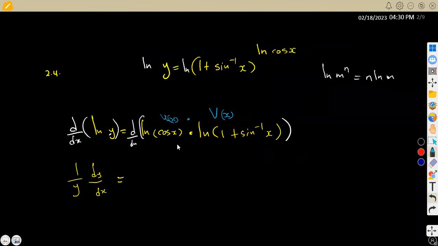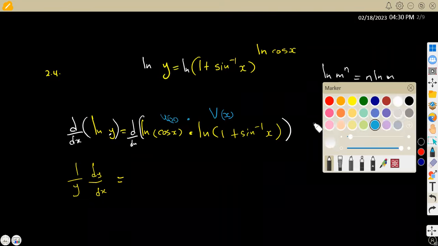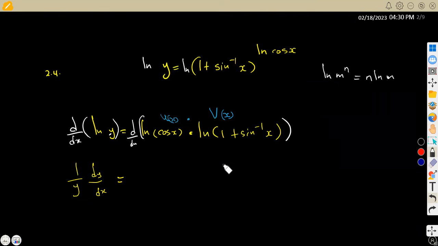You can write this formula in any way of your choice: u(x) times the first derivative of v(x) plus the first derivative of u(x) times v(x).